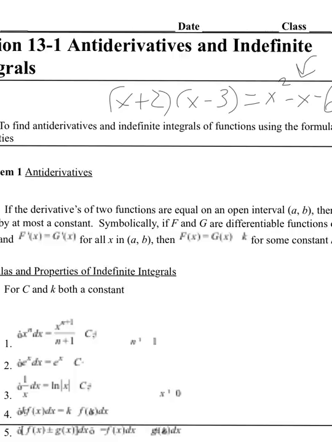With FOIL, you seem to have an easier time keeping up with the process. The going backwards, even though it's just undoing FOIL, it's the idea that you have to think opposite. Make sense? Okay, so an antiderivative is simply this. We're going to be going the opposite direction.